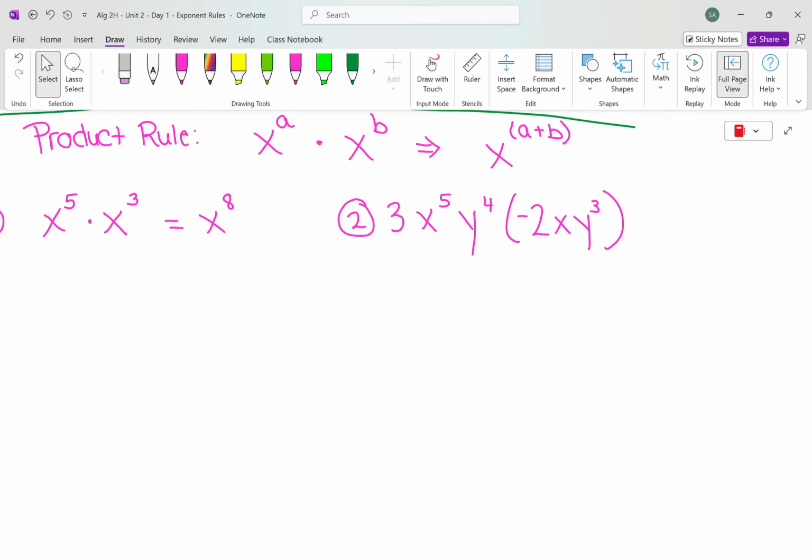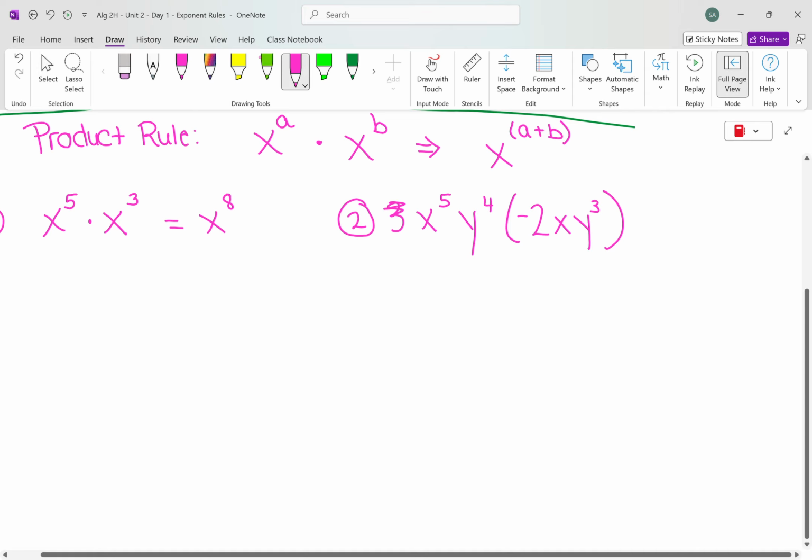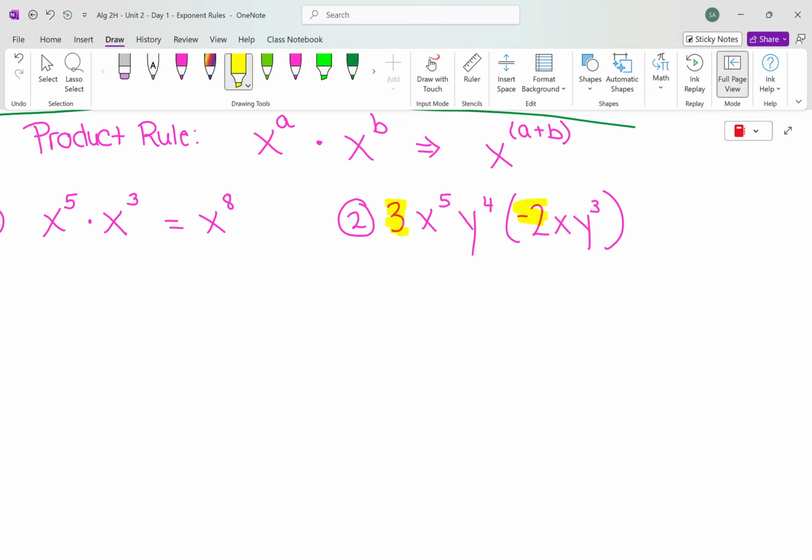So this is a monomial times a monomial. What you do is you multiply the coefficients. I have a 3 coefficient times a negative 2 coefficient, which gives us a negative 6 coefficient. And then you multiply the like variables. So when I have x to the fifth times x, what exponent does that second x have? 1.